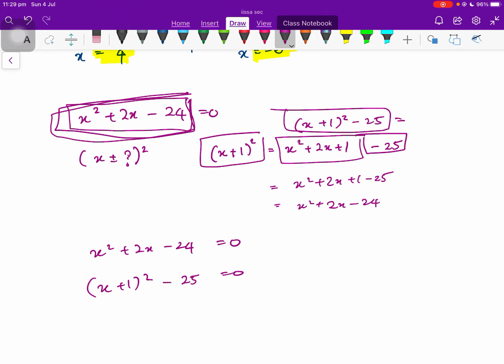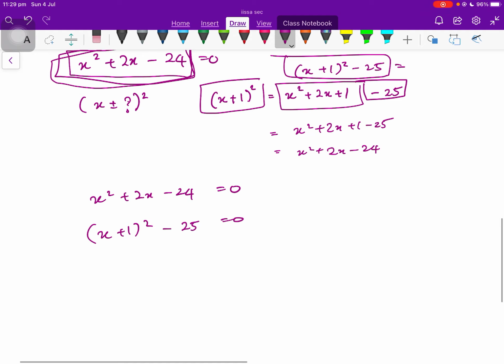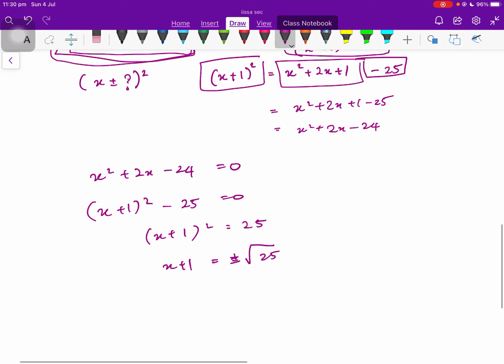To solve, now we just solve for x. x plus 1 squared equals 25. We bring the square over to that side, so it's going to be the square root of 25. Don't forget the plus and minus. x plus 1 equals plus or minus 5, and we already know that.